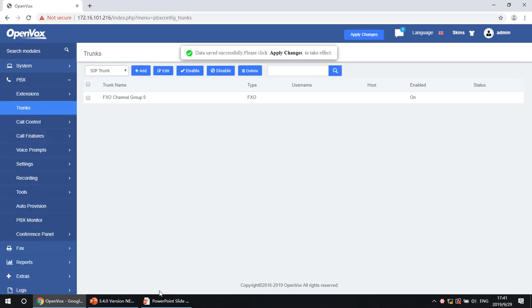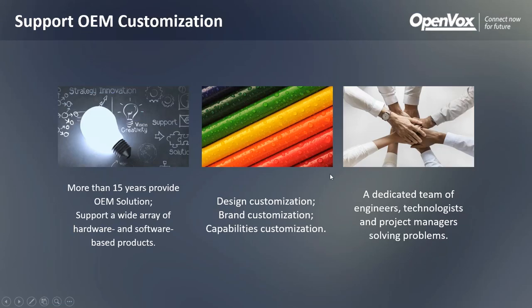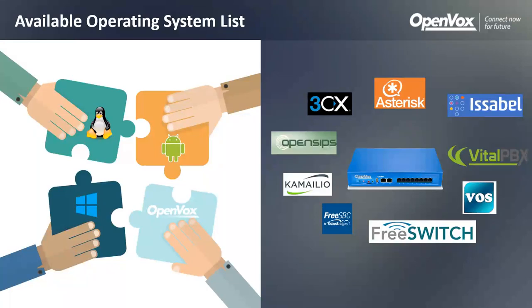Finally, I would like to introduce to you that the UC System and OpenVox series of products both support OEM/ODM solution. Here is the available operating system list. We use a current x86 architecture with no restrictions on the hardware, which allows it to customize the installation system and software freely.